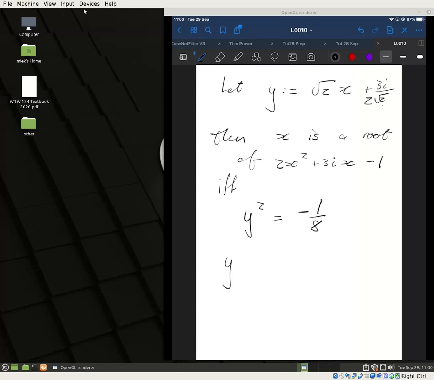So y should be plus or minus I over 2 square root 2.